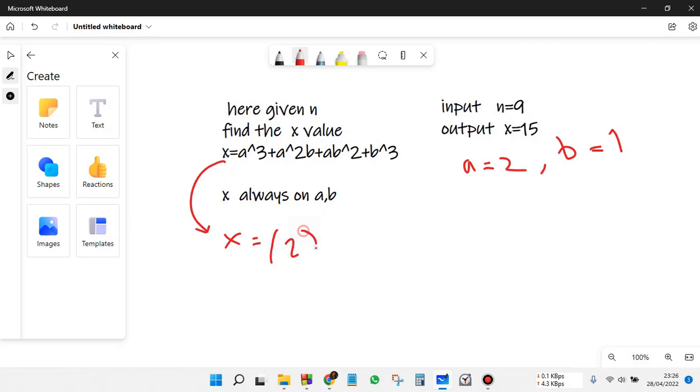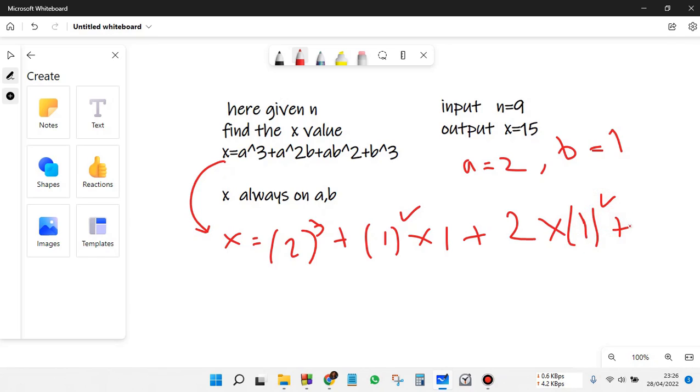So 2 cubed plus 2 squared into 1, plus 1 cubed. The value of x is 15. So using a equal to 2 and b equal to 1, we can find 15 from the x function.